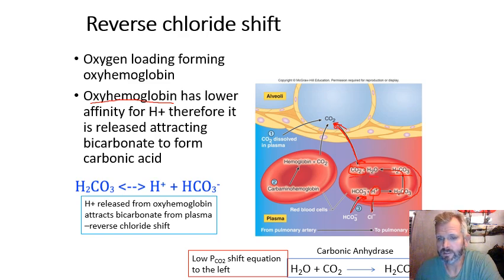As we convert to CO2, the CO2 diffuses into the alveoli and is expelled in the air. So the reverse chloride shift takes place here at the lungs, at the alveoli.